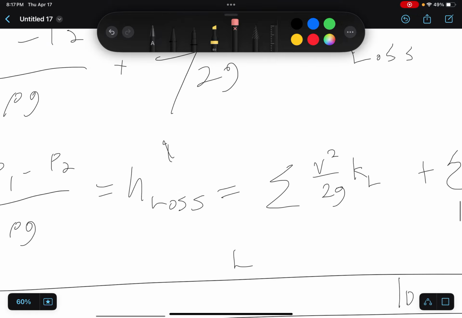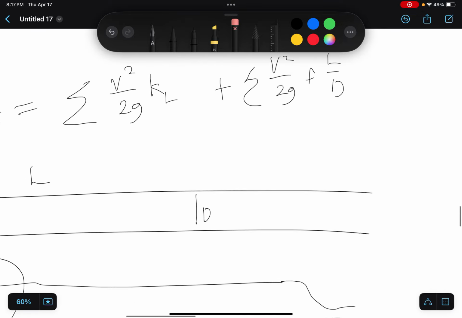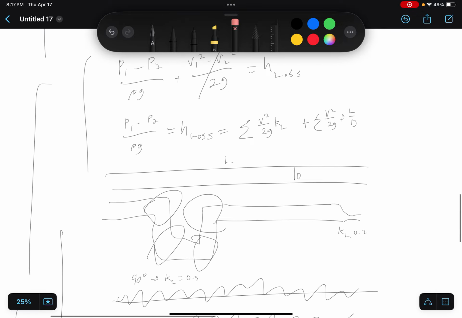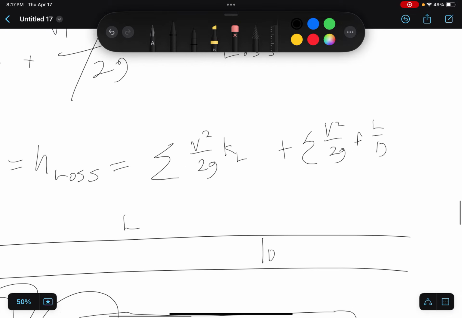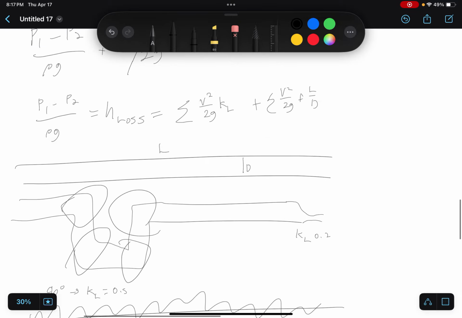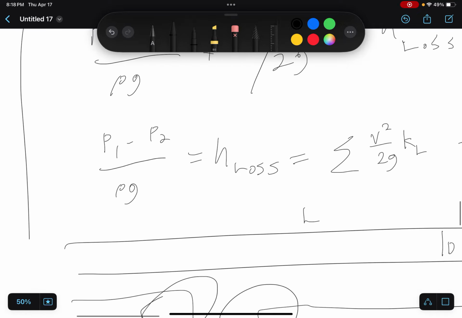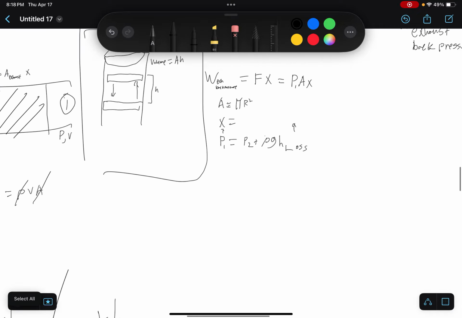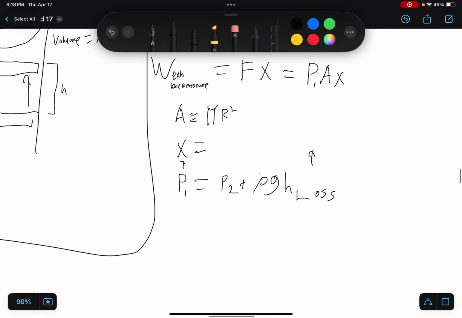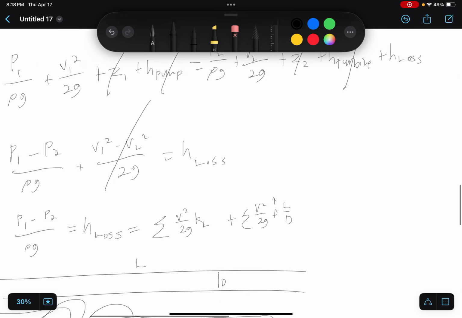Okay. So if there's a lot of bends, it'll increase K_L. If it's super rough, it'll increase the friction factor, which will increase head loss, which will increase P1, which will increase the exhaust back pressure. Exact same idea.